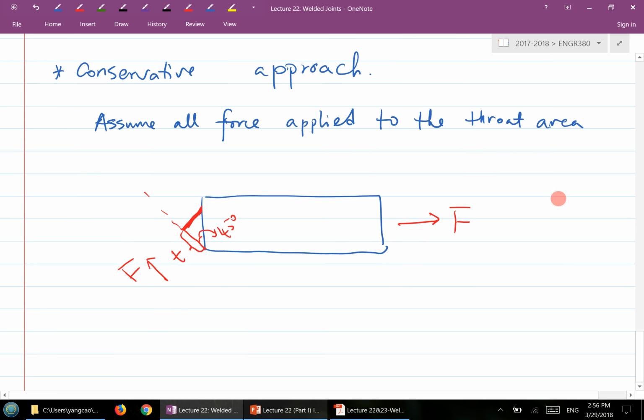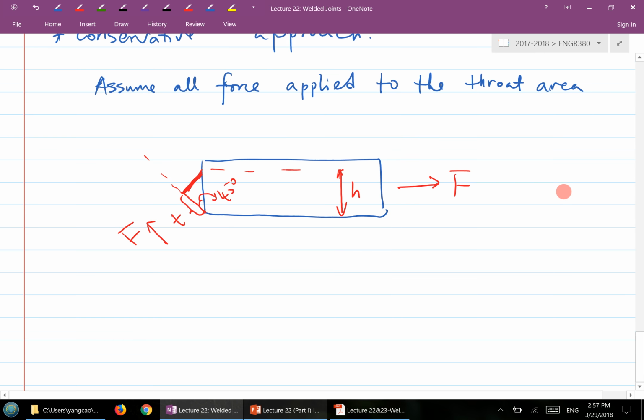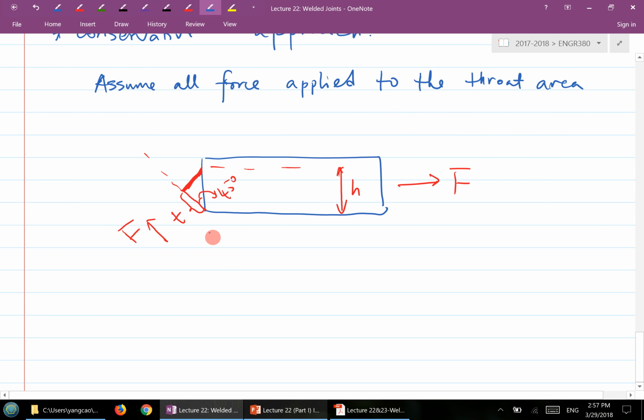Now, how does that affect the result? Let's say this is H, the leg height here. What will be the calculated stress based on this conservative approach? Here's a simple calculation. In this case all we have is a shear stress, so shear stress equals F divided by the cross-section area, which is the throat area.